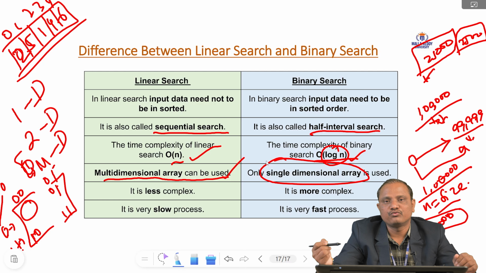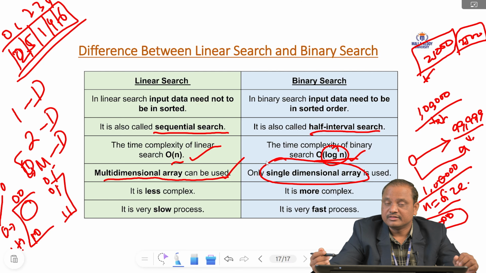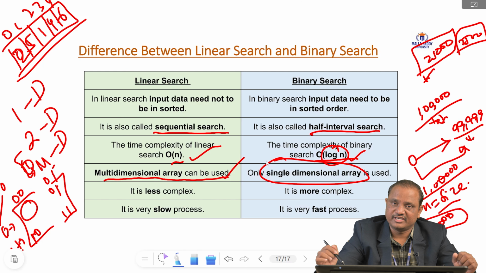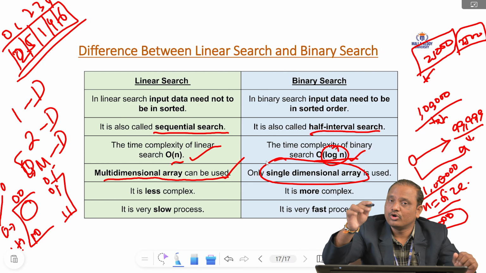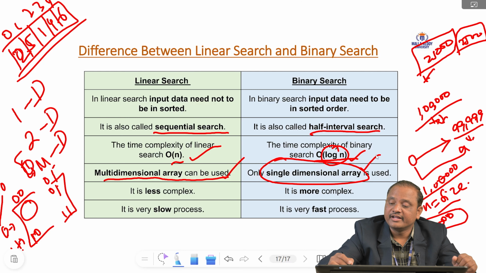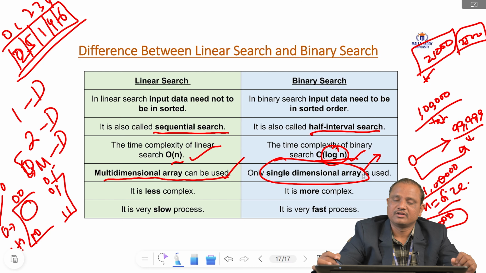To do that, we have to consider the index values also. That's why previously we took low equal to 0 and high equal to size minus 1. If you go with a multi-dimensional array, that splitting is not possible. That's why binary search is performed only on single-dimensional arrays.